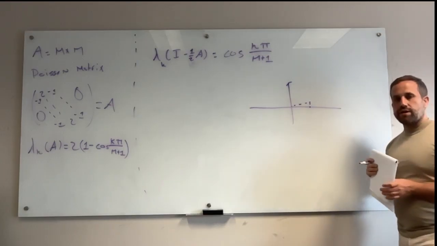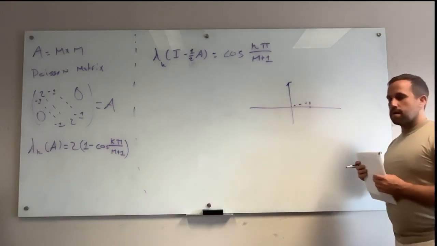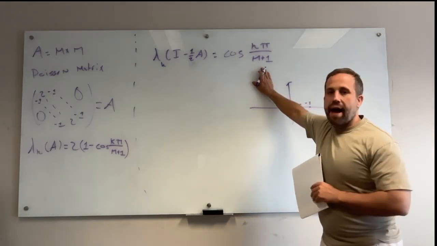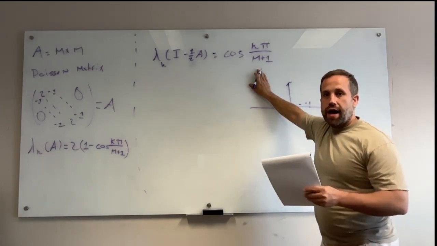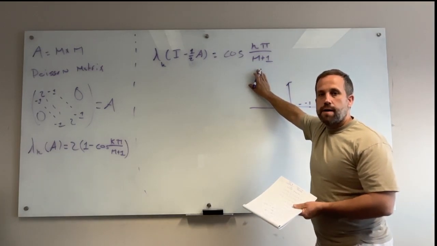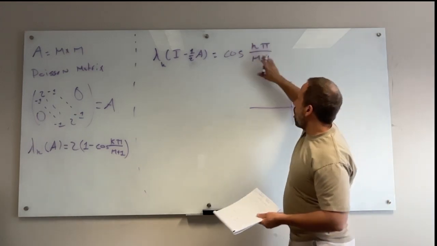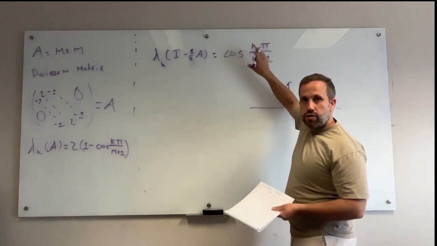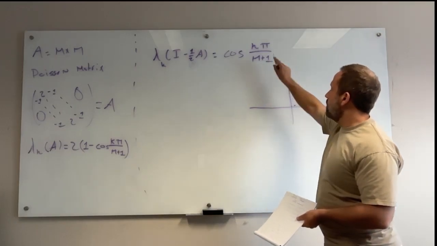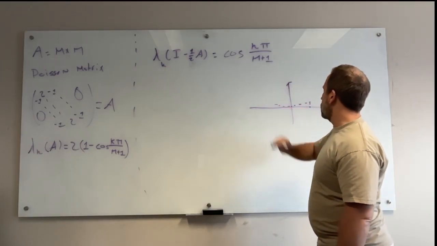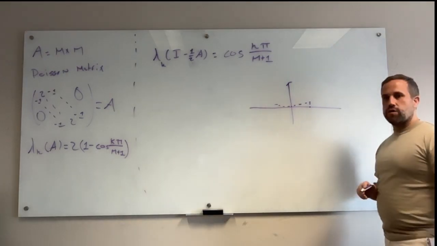The absolute value of cosine is at a maximum when the argument, meaning the thing that goes into cosine, is a multiple of pi. And if we look at m over m plus 1, that's going to be very close to this. So that's how we're going to get the biggest cosines.